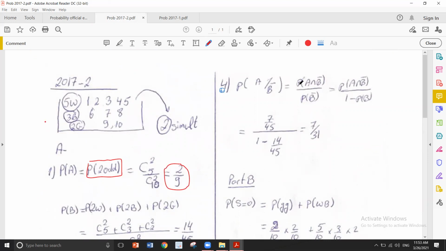Probability of A given B bar equals probability of A intersection B bar over 1 minus probability of B. We get 7/31.